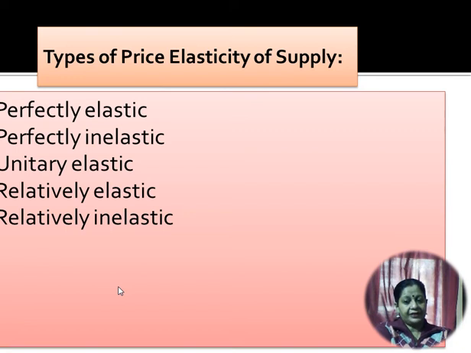So we have studied up to what extent there is a decrease or increase in the demand of a commodity. But in elasticity of supply, now we are going to study the extent to which supply responds when the price level of the commodity increases or decreases. So there are 5 types of price elasticity of supply: perfectly elastic, perfectly inelastic, unitary, relatively elastic and relatively inelastic.